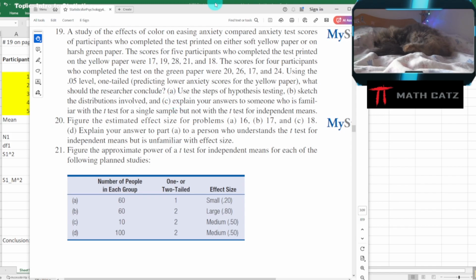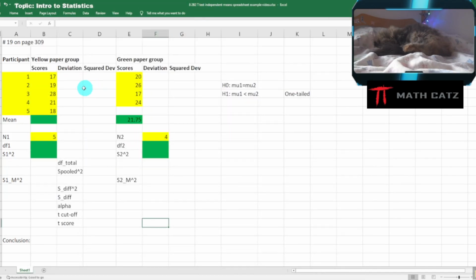So I've already laid out some of the information with these yellow cells. The given information: 5 participants for the yellow paper group and 4 for the green one. So my sample size for yellow is 5 and for green is 4.